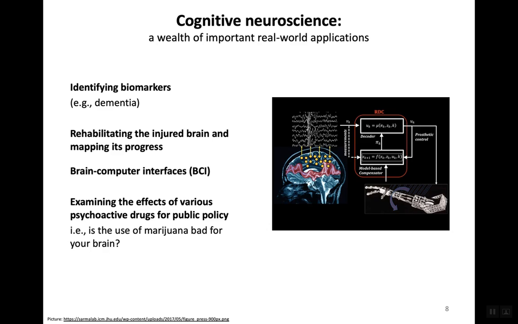Last but not least, you might be familiar with the impact that the study of various psychoactive drugs has on human behavior, and that impact also translates into public policy. To take a relevant example, is the use of marijuana bad for your brain? It's a question that we don't quite have a complete answer to yet. But probably the use of marijuana is quite different from individual to individual.